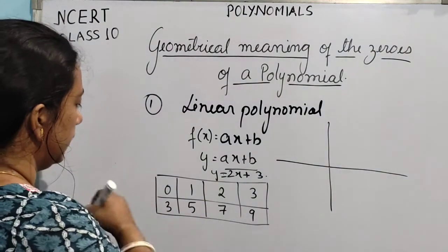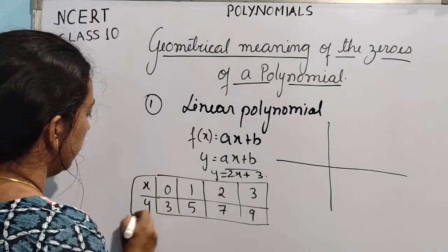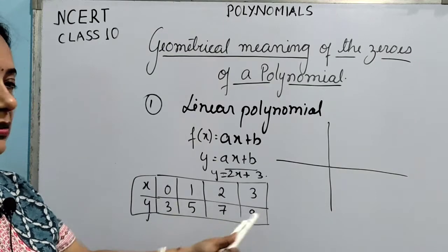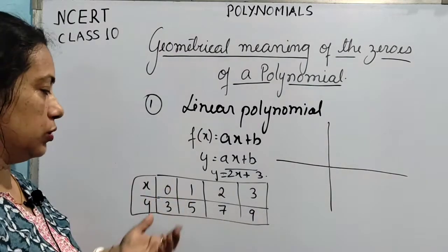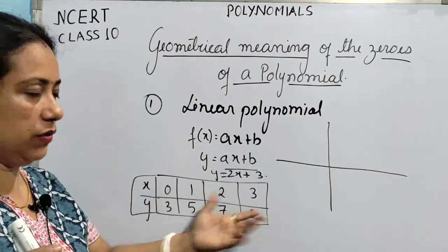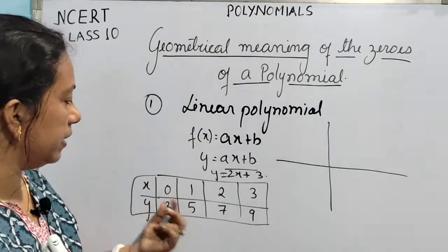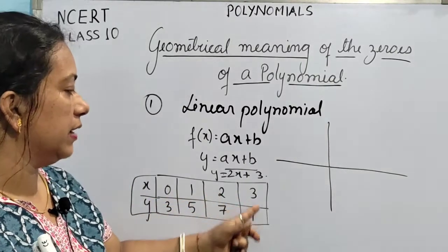This is x, this is y. I have gone for 4 points, but taking only 2 points also we can plot the graph. I am just giving you the idea. All of you know these things already, isn't it? So we are getting the coordinates (0, 3), (1, 5), (2, 7), (3, 9).